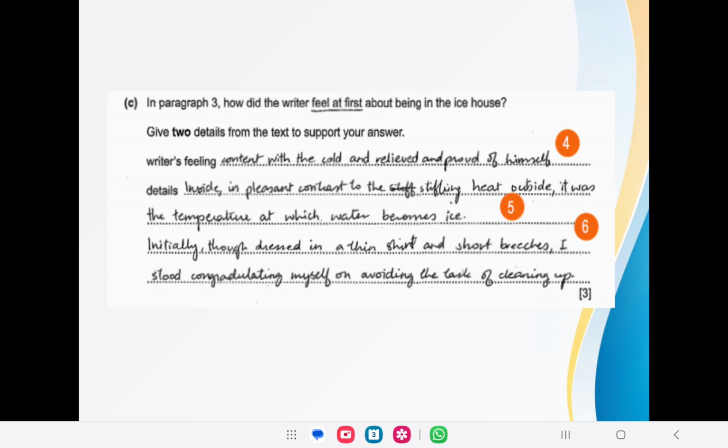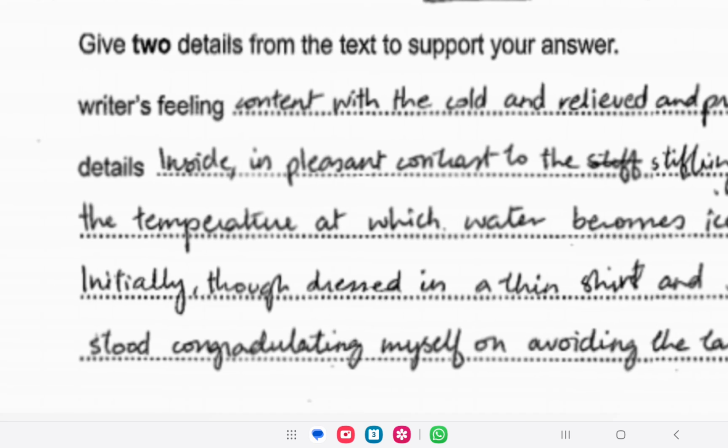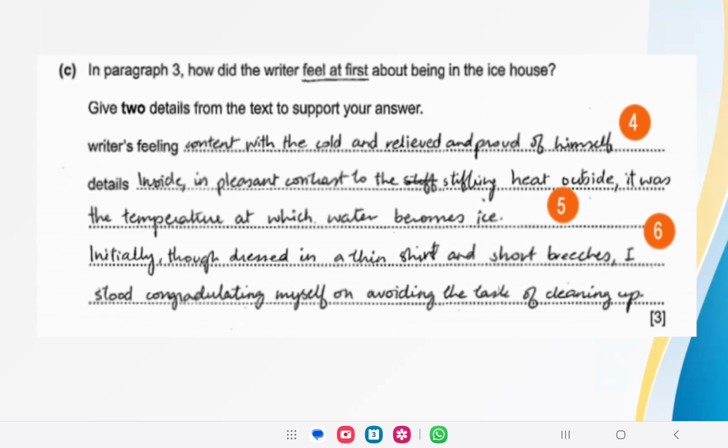And then he has written the details. What is the detail? He has copied the details. "Inside, in pleasant contrast to the stifling heat outside, it was the temperature at which water becomes ice." One detail. Then "initially", and see, "feel at first", that's why I've underlined it.